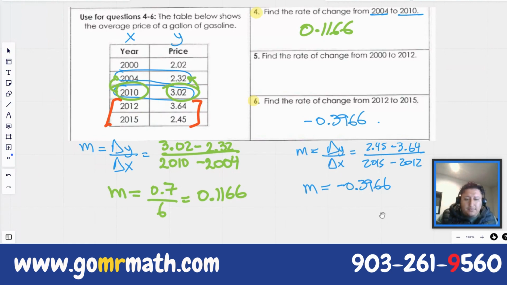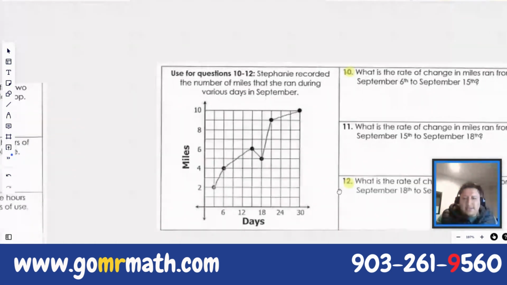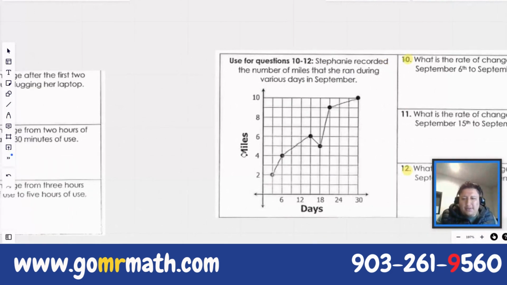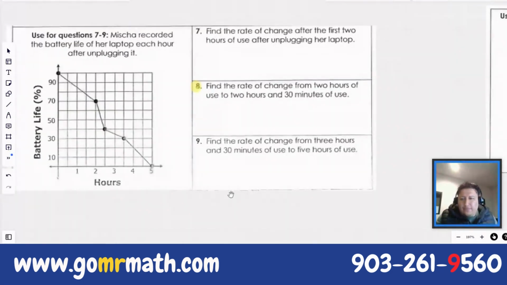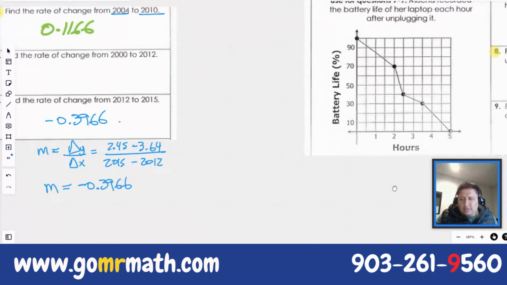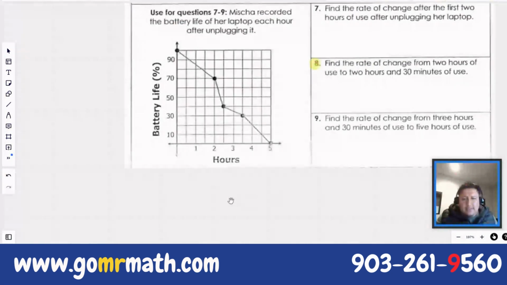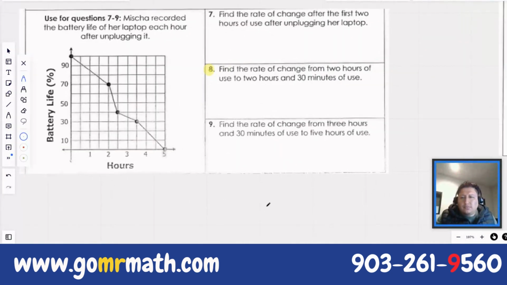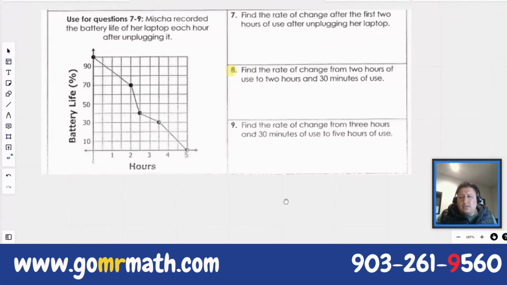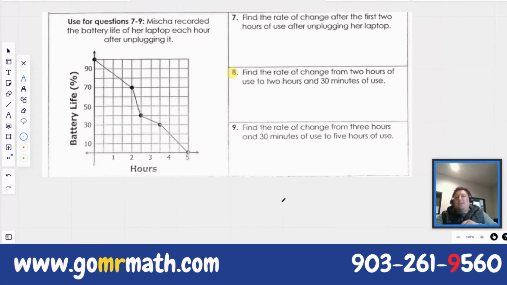Okay, let's continue. There are several exercises we need to work on. That is 6. Let's go to 8. That's the battery life of a laptop each hour after unplugging.